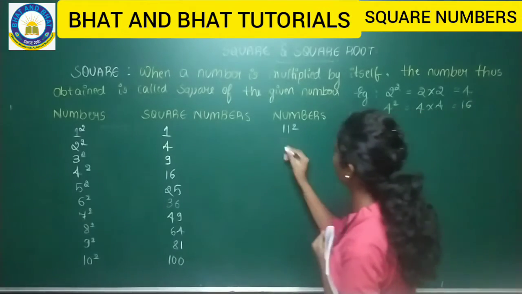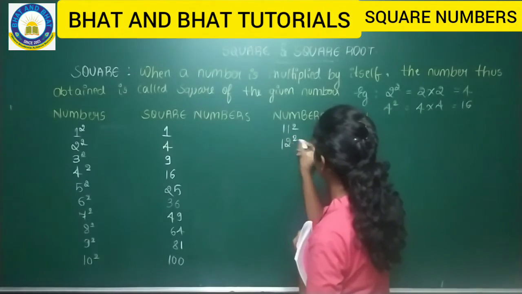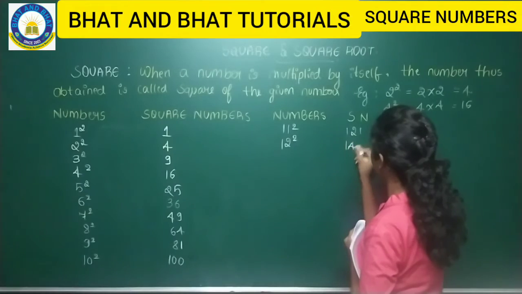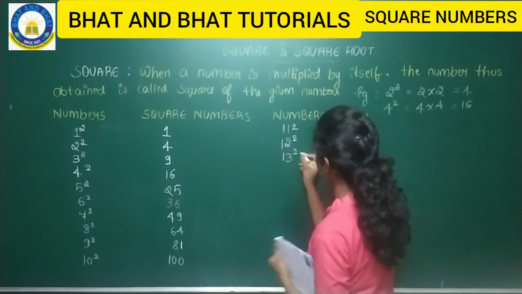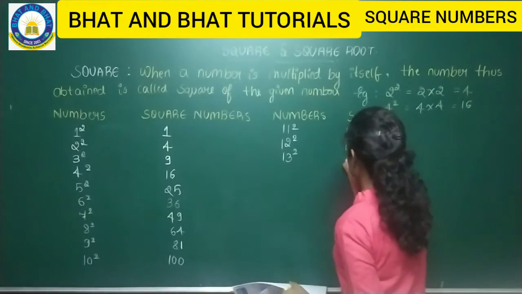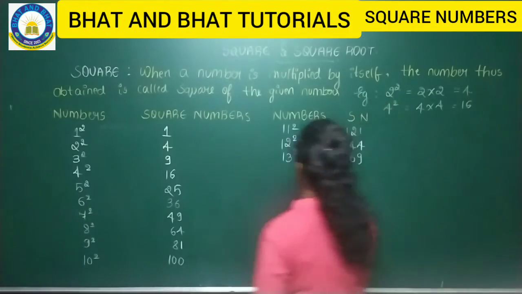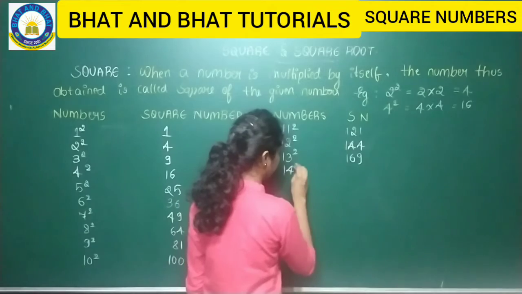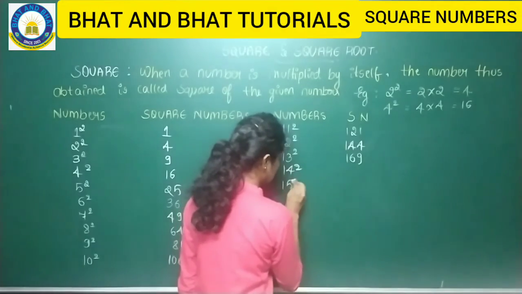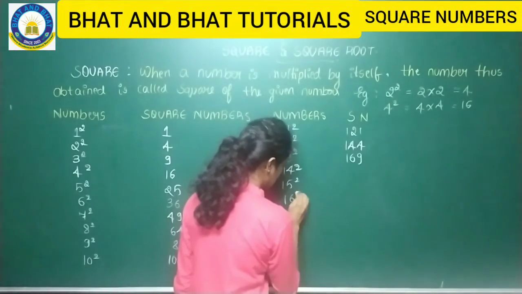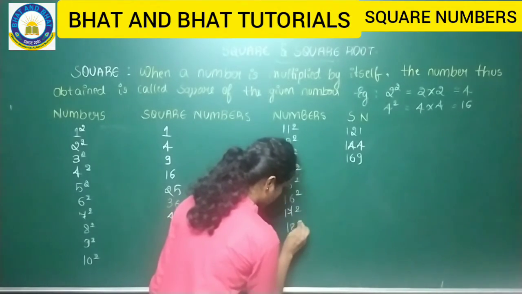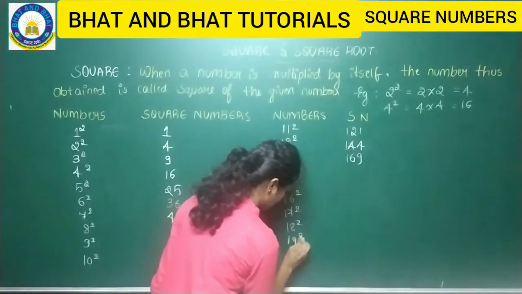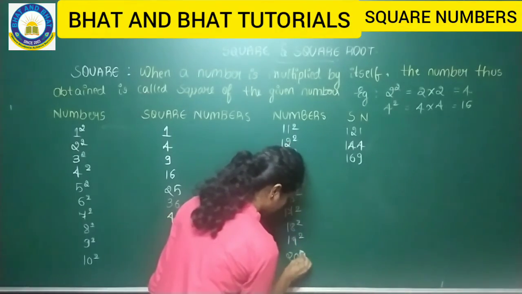In the same way you can move on. 12 square is equal to 144. 13 square is equal to 169. So in the same way continue till 20. 14 square, 15 square, 16 square, 17 square, 18 square, 19 square and 20 square.